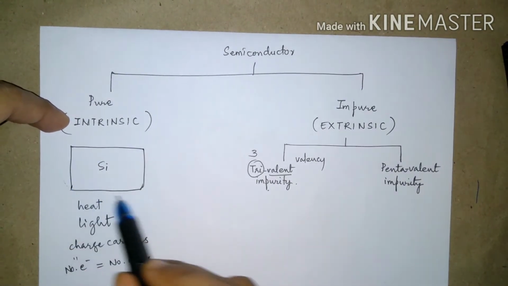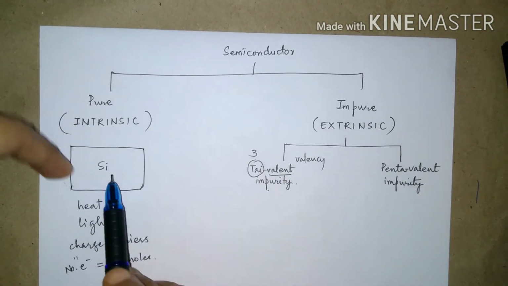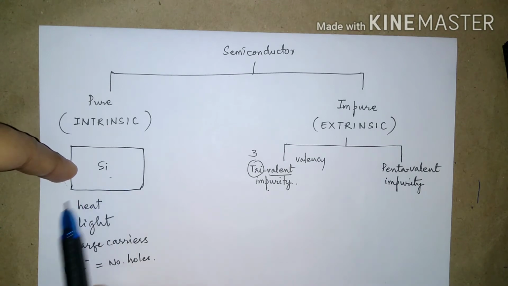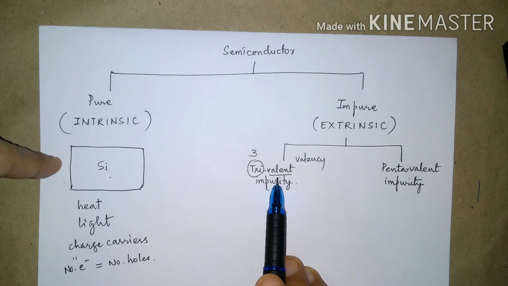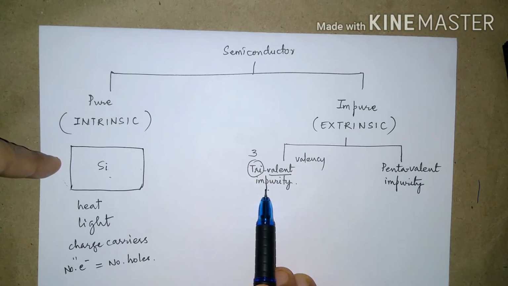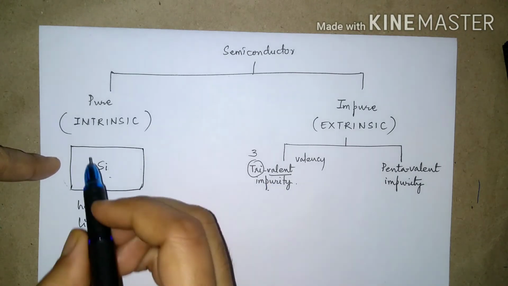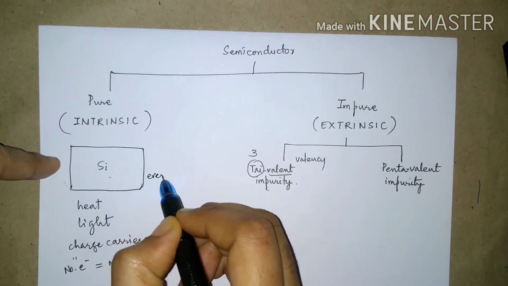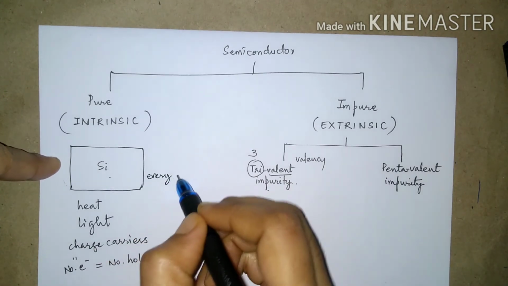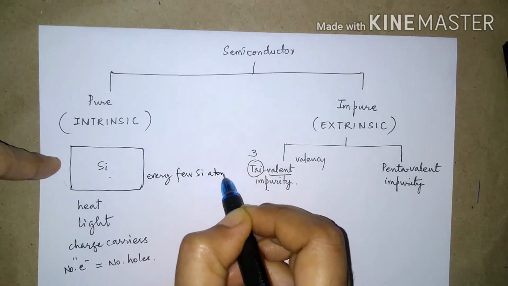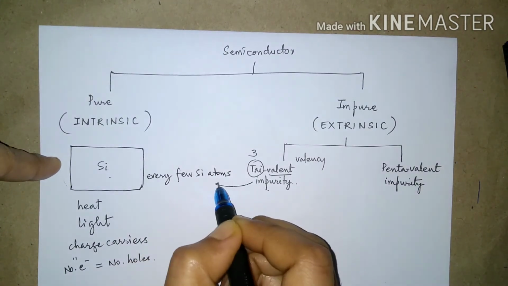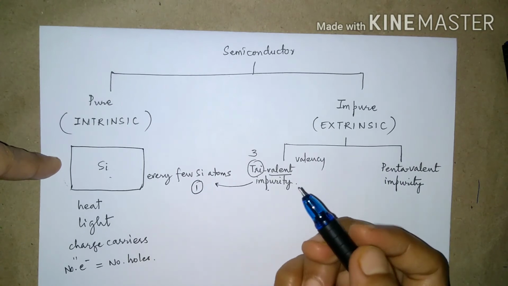So if I take pure silicon, there is nothing, only silicon. Only silicon atoms are present throughout this whole piece. But adding impurity is nothing but, for every few silicon atoms, we add one impurity atom.